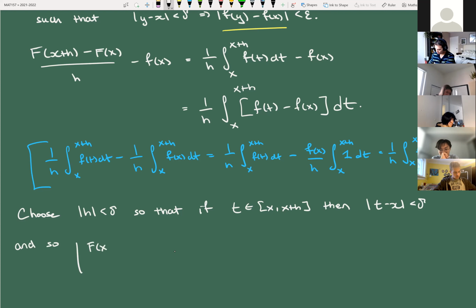Okay. And so the absolute value of f of x plus h minus f of x divided by h minus little f of x is going to be equal to this thing. Hopefully this doesn't bug anyone.